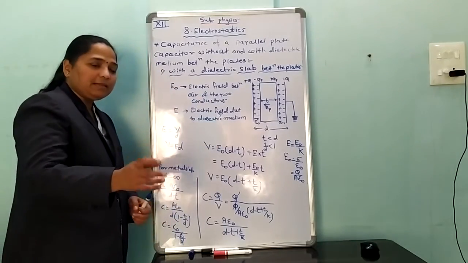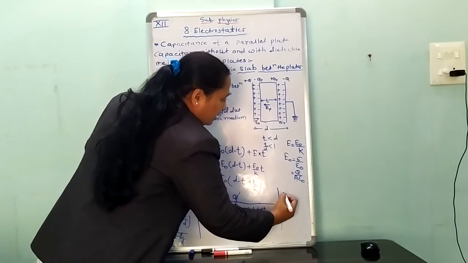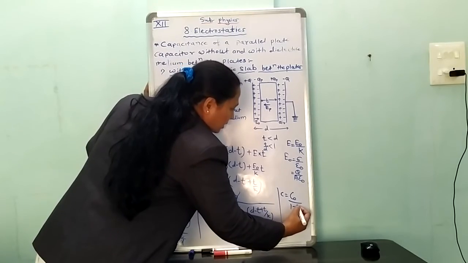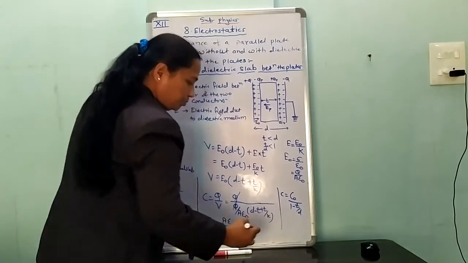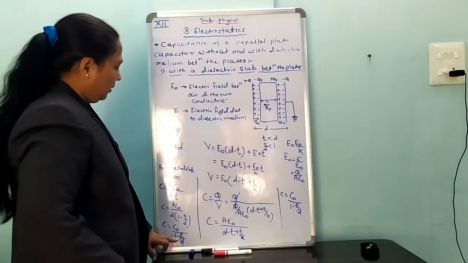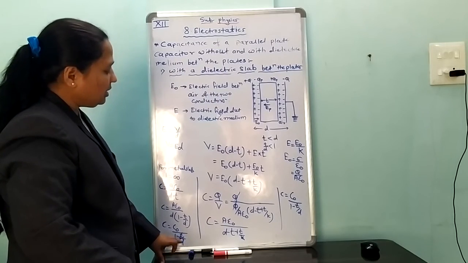Let us consider an example. We have the condition C is equal to C naught upon 1 minus T upon D, where the ratio T upon D is half.